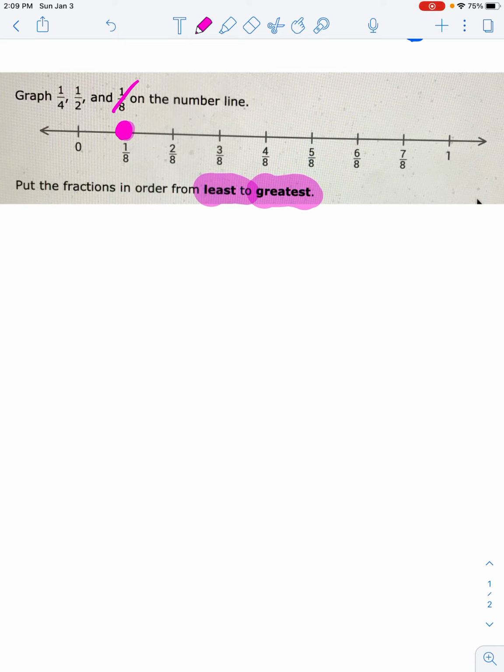Now, let's look at 1/4 and 1/2. In the case of 1/4, well, you may or may not know what the equivalent is in terms of eighths, but let's take a look at how we would do it. Okay, let's say you don't know. You want to know 1/4 equals how many eighths?